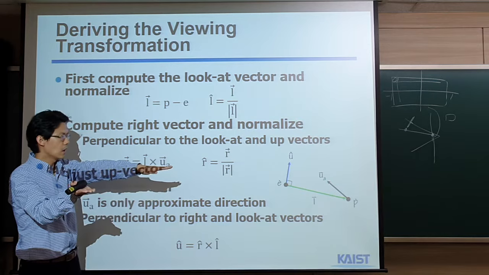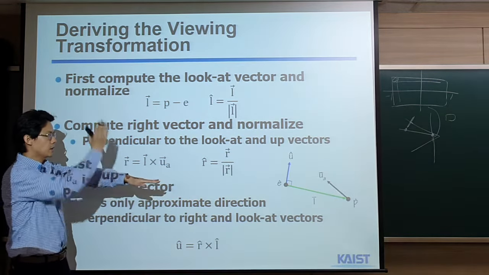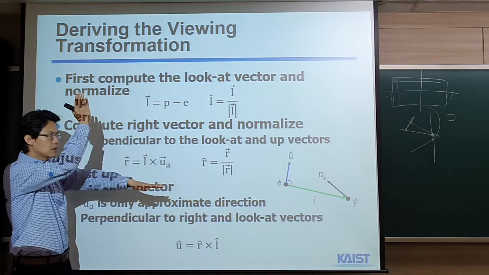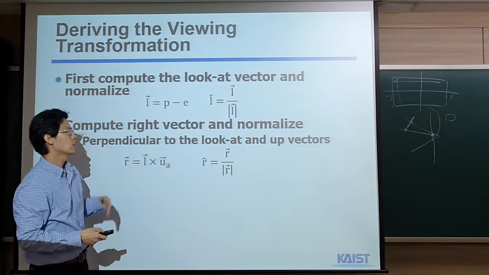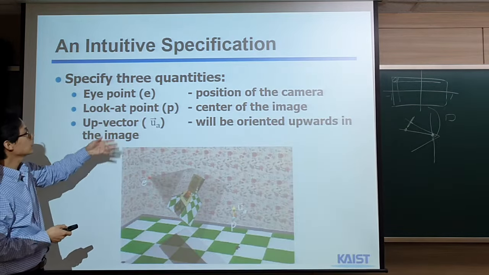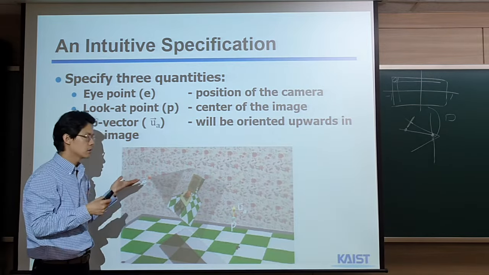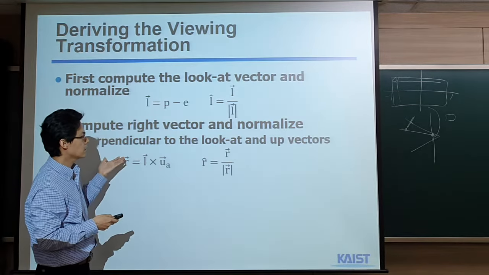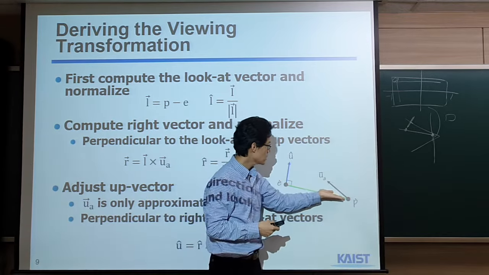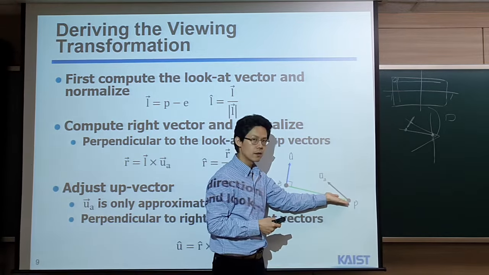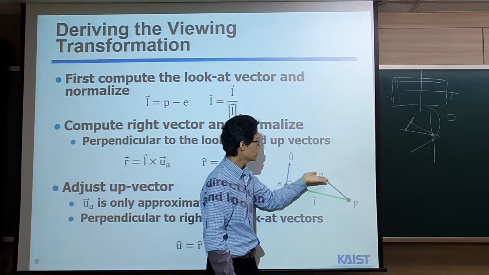You might remember we already specified the up vector, but this up vector may not be perpendicular to these two vectors, because we let the user define it. Depending on the person, they can define the up vector something like this. Here is the viewing direction, and some people may define the up vector like this, which is not orthogonal to it.